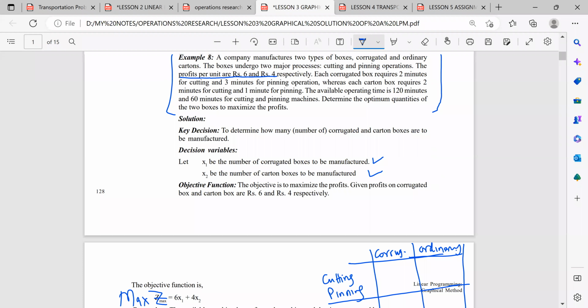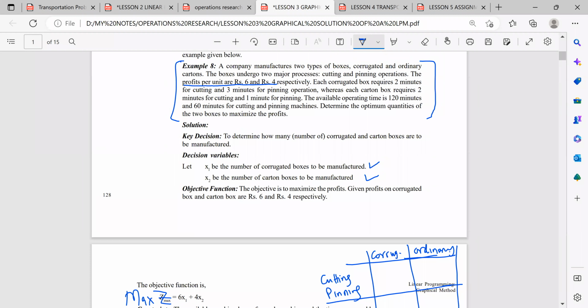From the story, we are told that each corrugated box requires 2 minutes of cutting and 3 minutes of pinning. Whereas the carton box, hope I have not interchanged them, requires 2 minutes for cutting and 1 minute for pinning.